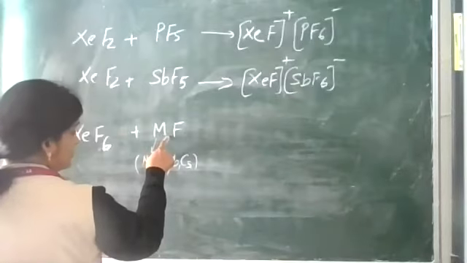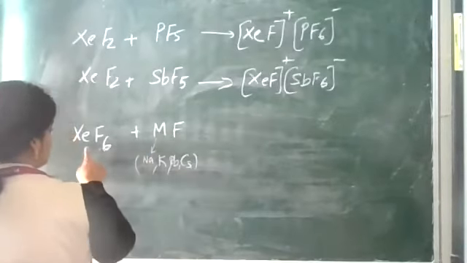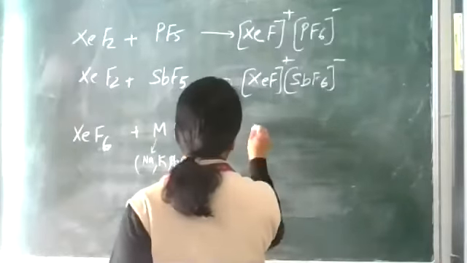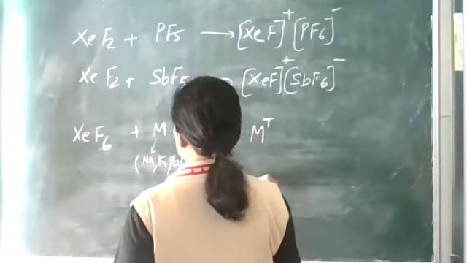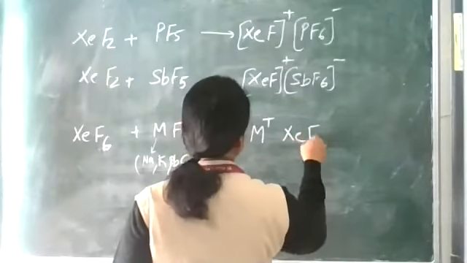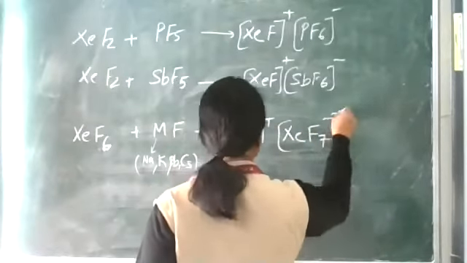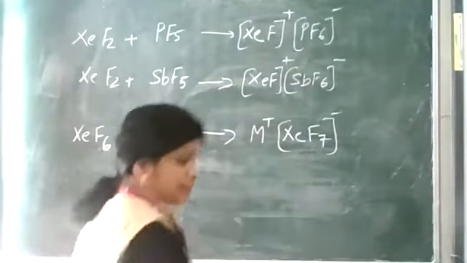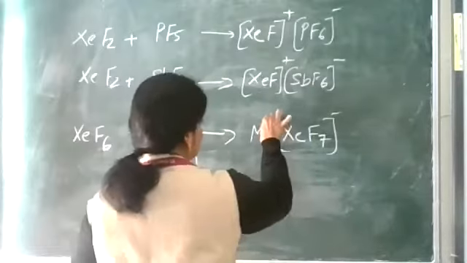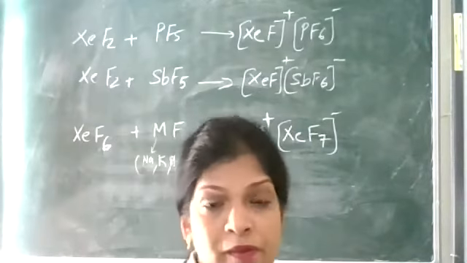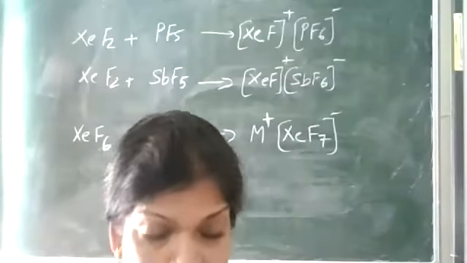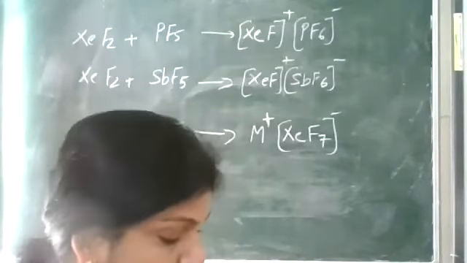MF will be losing that F, so here XeF7 minus and M plus will be formed. That is M plus XeF7 minus. So with highly active metals, that is alkali metals, the reaction will be like this. Normally these three reactions will be coming in your question paper to write the product or complete the equation.